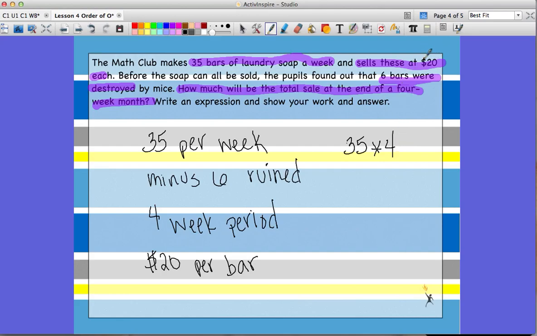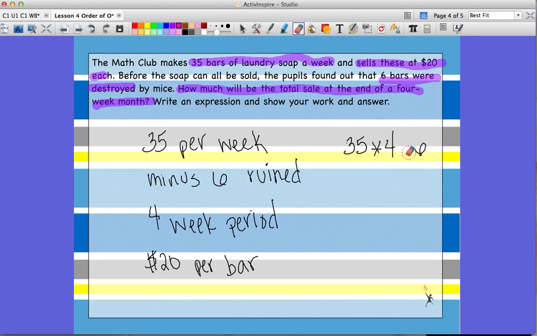Now up in the problem, the $20 comes first. However, they found out that they couldn't sell 6 of the bars. So if we don't put the minus 6 right here, then it's going to come out incorrectly.